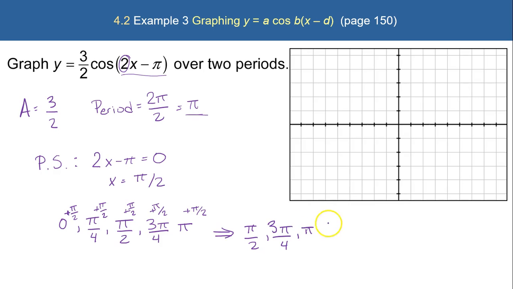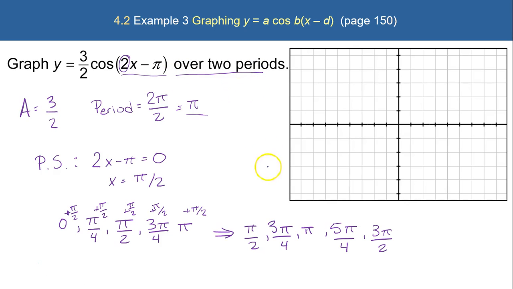Pi over 2 plus pi over 2 is pi. Then 5 pi over 4 and 3 pi over 2. Now this is telling us we're going to graph this function over 2 periods.